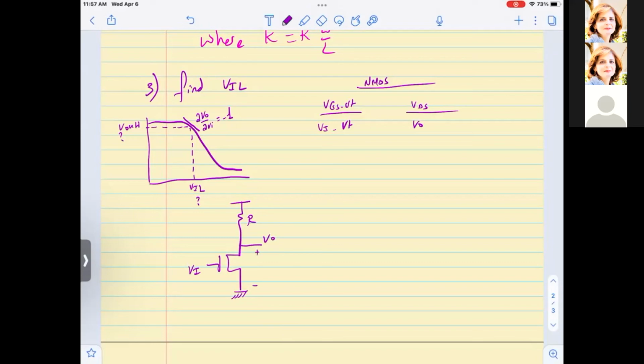Okay, so I know that I can solve for IR equal IN, هيدي هي equation 1. طيب, let me build this equation. At VIL, in this case, my input is VIL minus VT and my output is VOUH.